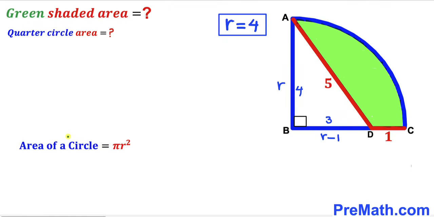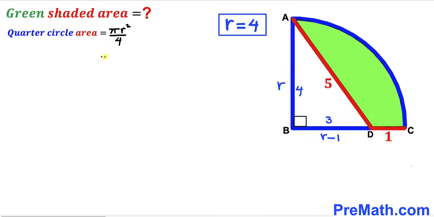And now let's recall the area of a circle formula. Area is always equal to pi times r square, where lowercase r is the radius. And since we are dealing with the quarter circle, the quarter circle area is going to be pi times r square, and we are going to divide it by 4. And now our lowercase r value is 4, so I'm going to substitute that r value 4 over here.